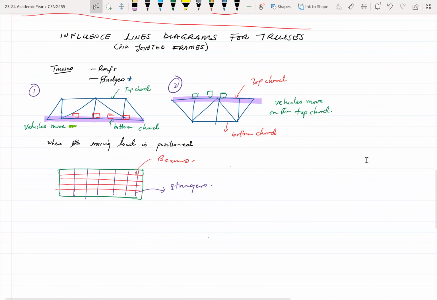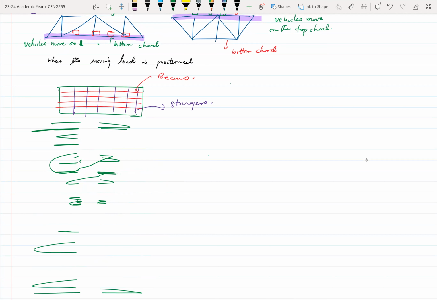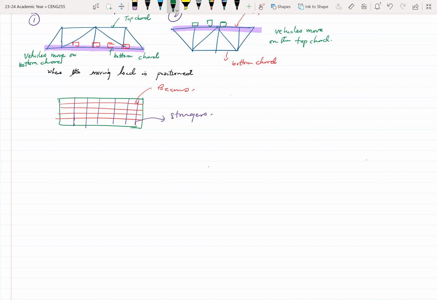The loads can either move on the bottom chord, or some move on the top chord.